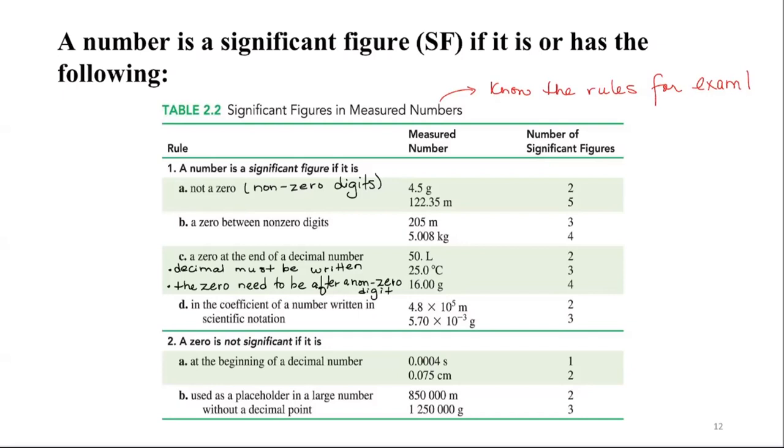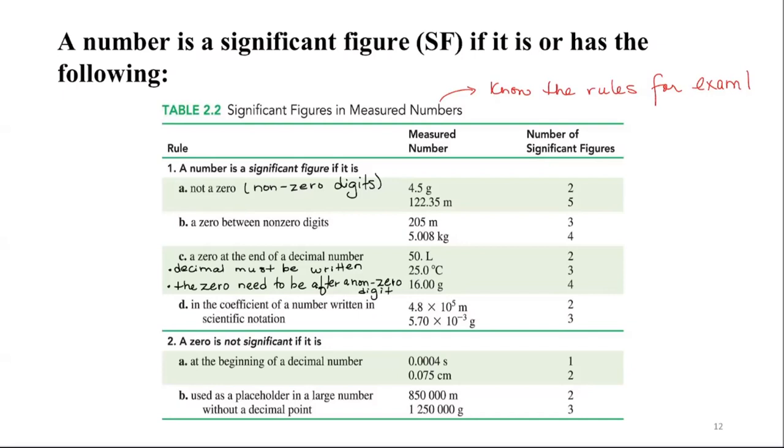So let's take into account now when the zeros are not carrying meaning to my measurement. The zeros are not significant in two instances. Number one, at the beginning of a decimal number. I want you to pay close attention to what I said in rule 1C compared to 2A.